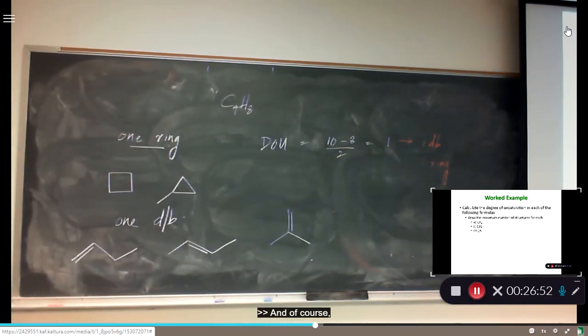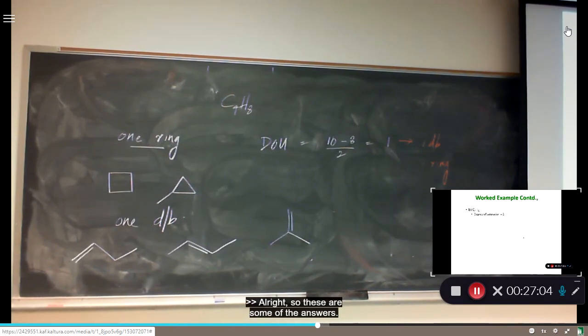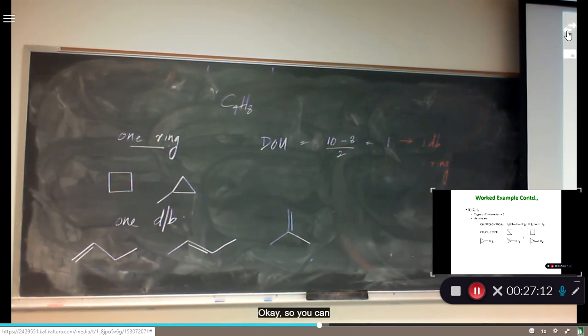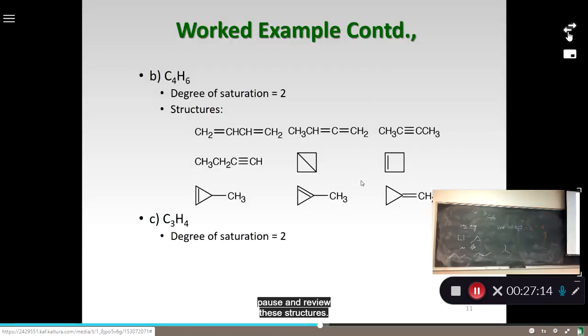In the next few slides, I have some possibilities for these structures. You don't want to copy them, okay? It is shameful. You want to do your own thing, right? These are some of the answers. If you are watching the video, you can pause and review these structures. There are so many possibilities.